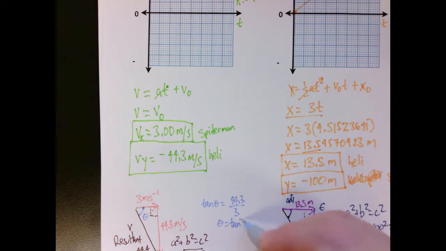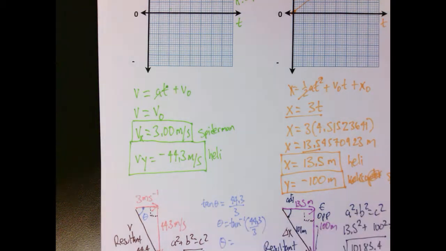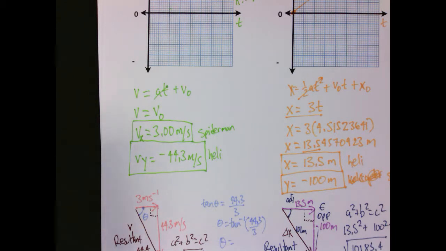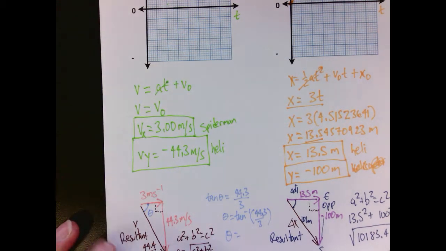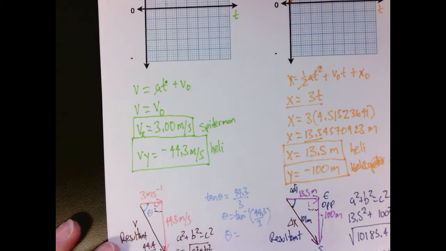Theta is the inverse tangent of 44.3 over 3, and theta is 86.13 degrees, which would be 86.1 degrees.